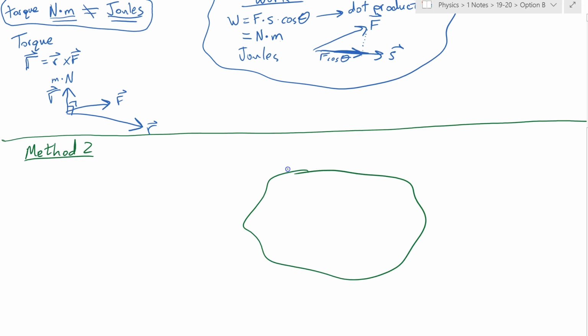So imagine we have a rigid body that has an axis of rotation at point A. So that means the rigid body is rotating around point A. And now let's say force is applied over here in this direction.